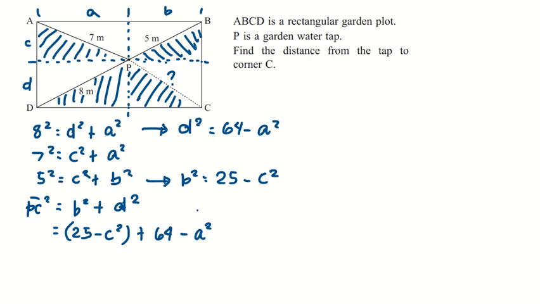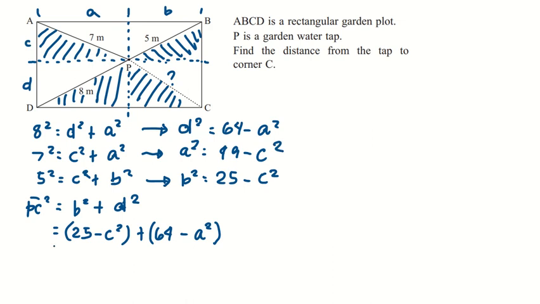We still have two variables here, but look at this equation here. We can express c squared as the subject or a squared as the subject. I'd choose a squared as the subject. So a squared is equal to 7 squared, which is 49, minus c squared.